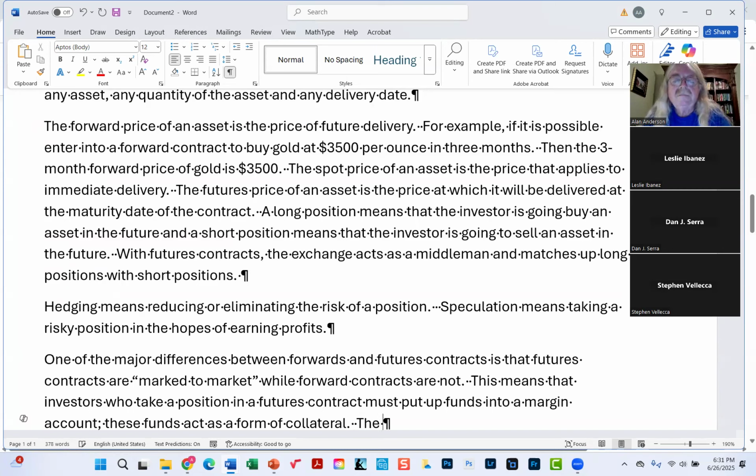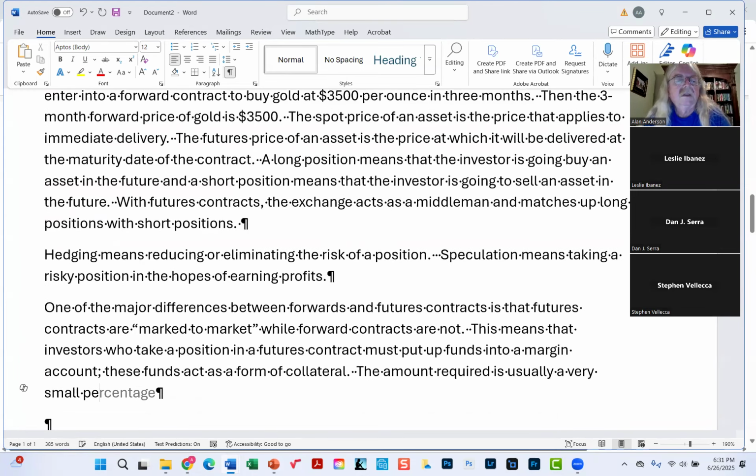So the amount required is usually a very small percentage of the total value of a futures contract.